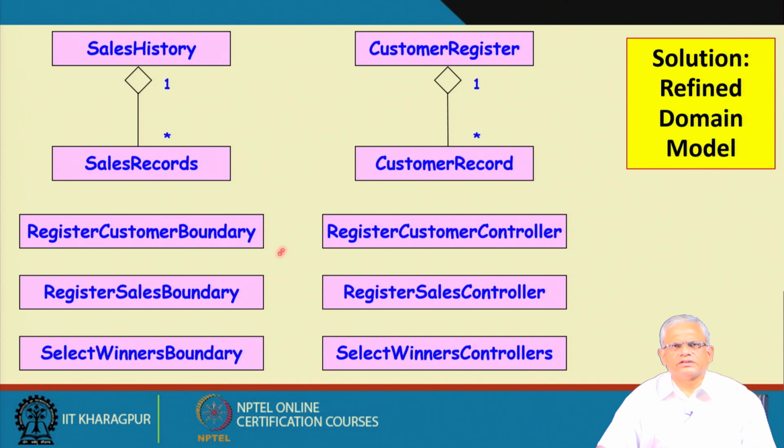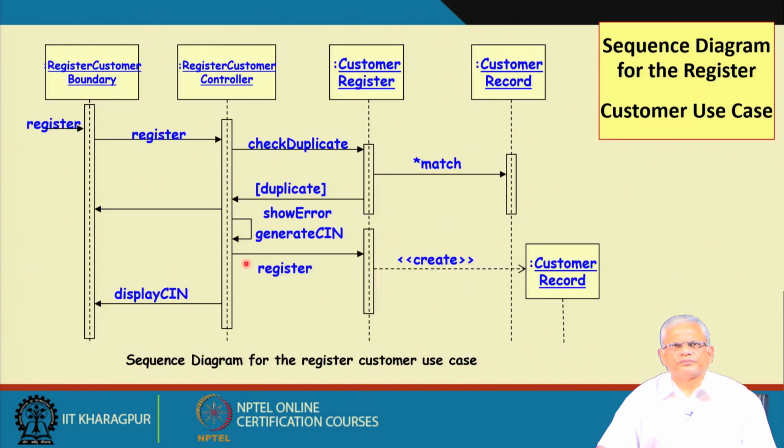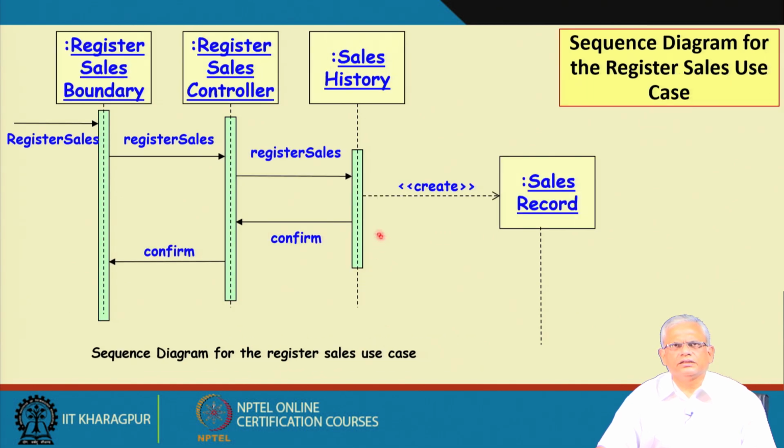We had refined our solution, and then look at this solution that we had developed. The customer record creation is assigned to the customer register. The customer register calls create on the customer record; that is, it is the responsibility of the customer register to create the customer record. Similarly, the sales history had the responsibility to create the sales record.